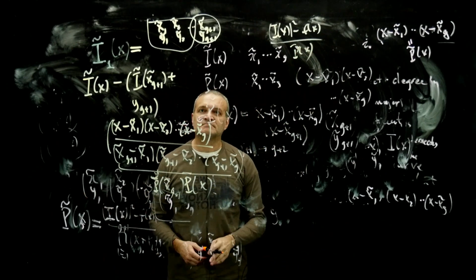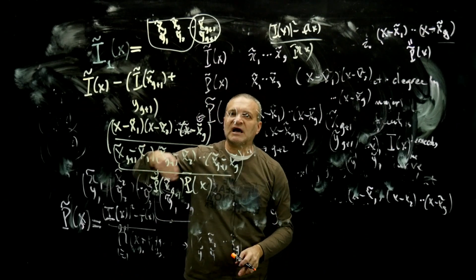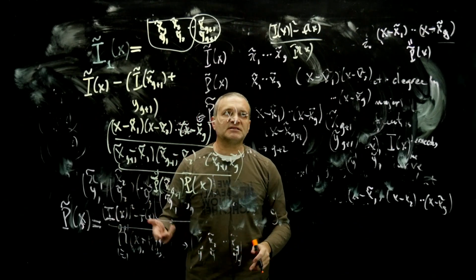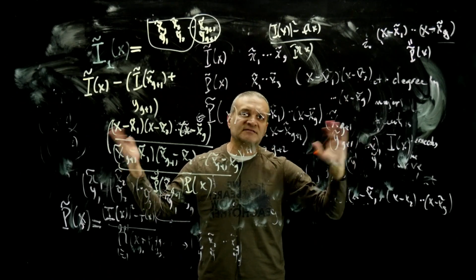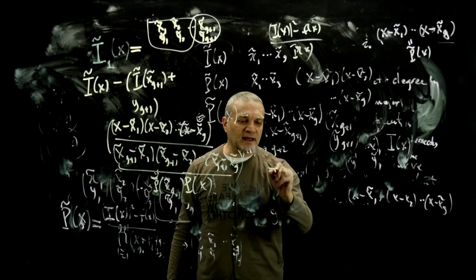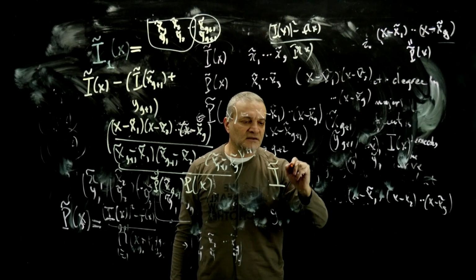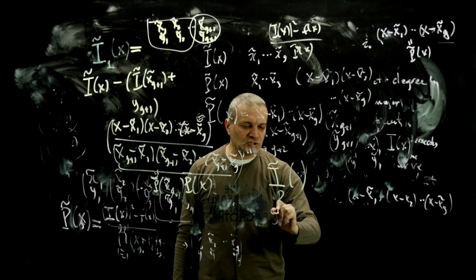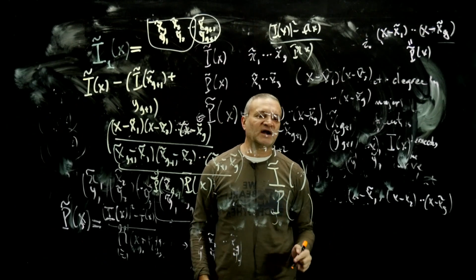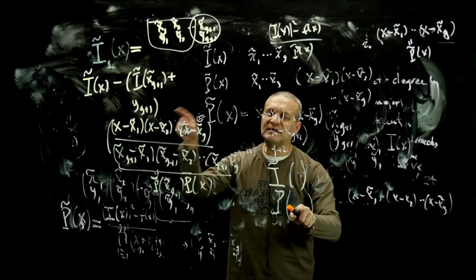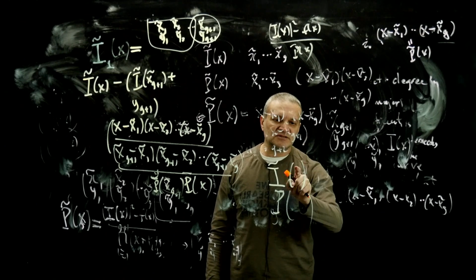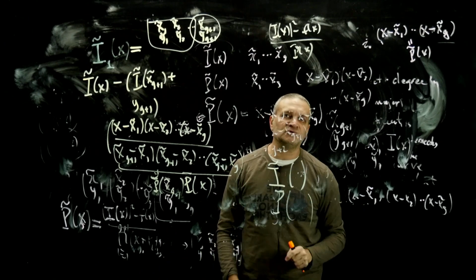So I'm done. I can now successively reduce it. At the end of the day, after, let's say, 10 reductions, I'm getting I tilde reduced and p tilde reduced, which corresponds to the entire divisor. The roots of this will be exactly my xg tilde, and then if I substitute, I'm going to get the y's.